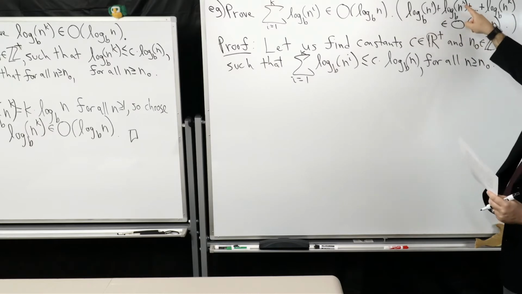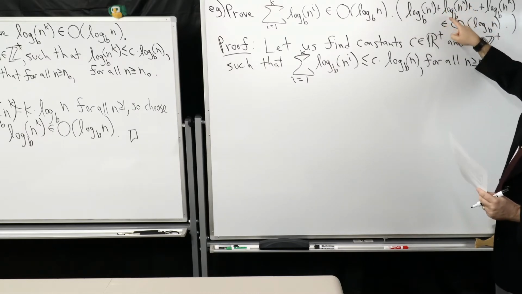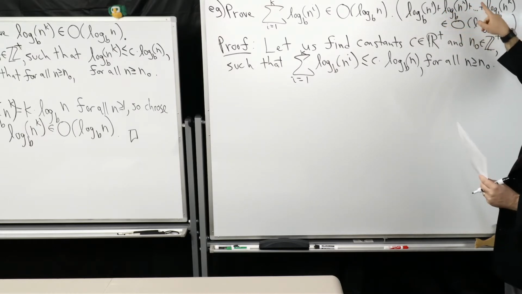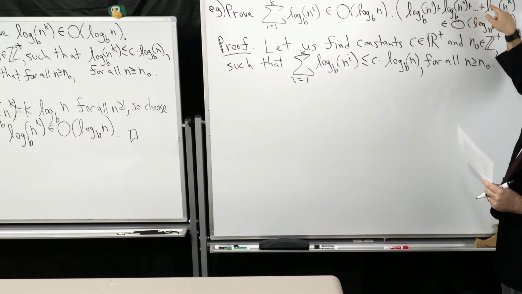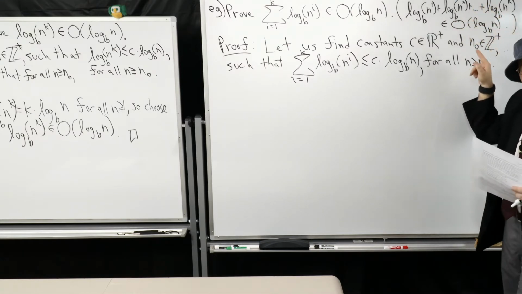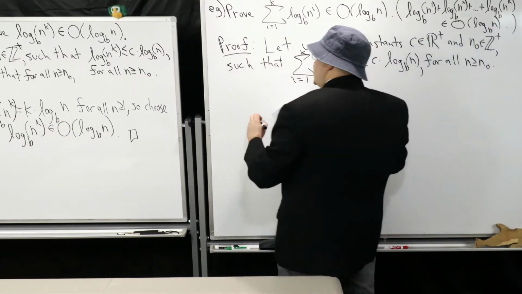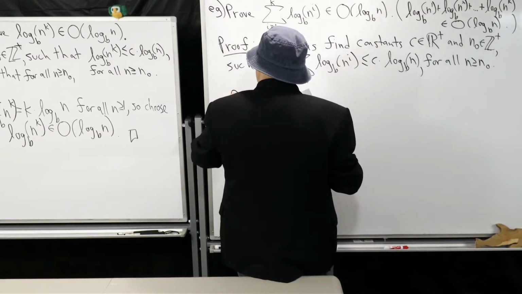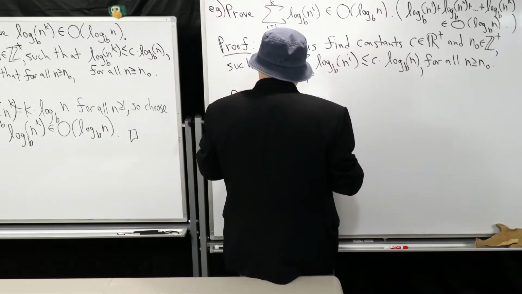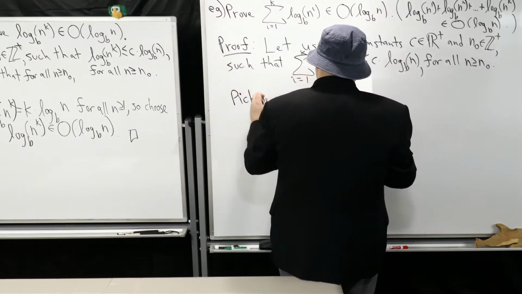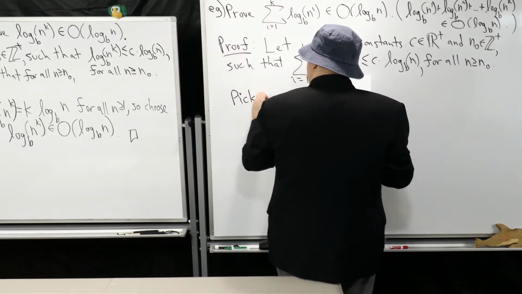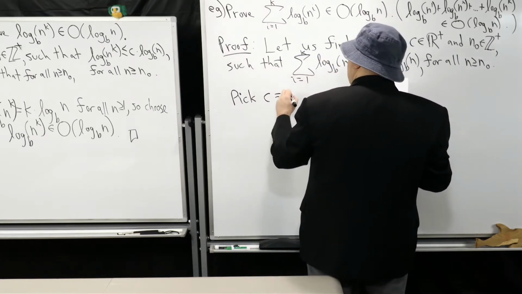This 2, by the power rule, would be 2 times log base b of n. If I had a cube term inside of a logarithm, that would become 3 times log base b of n. So what I'm going to do is pick a constant that's going to match that. Now remember, k is fixed. It is not variable. You can fix it any way you like. So I'm going to pick c to be matching that idea.